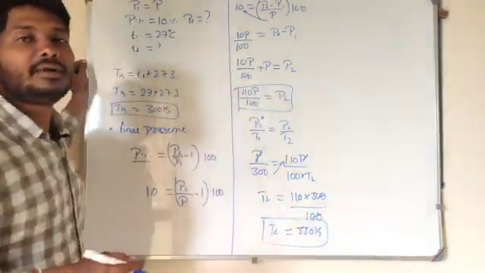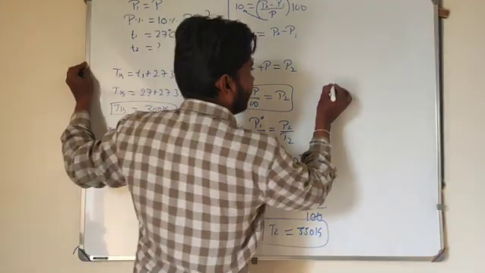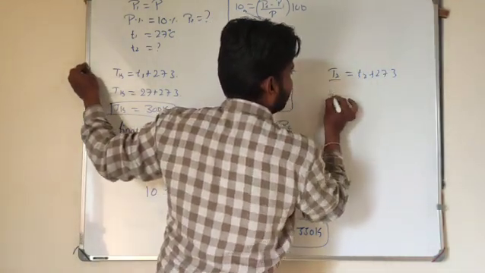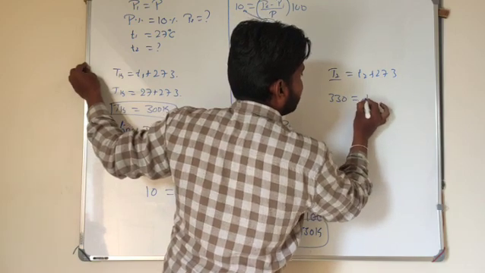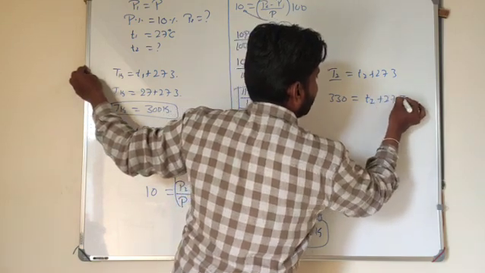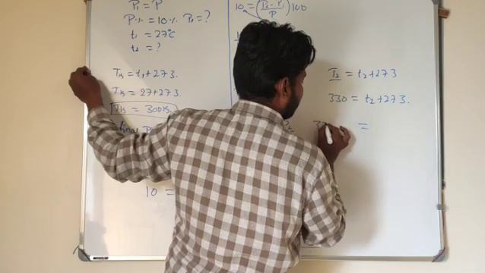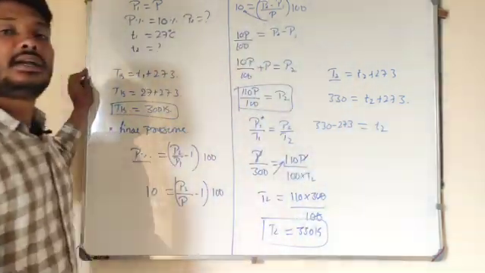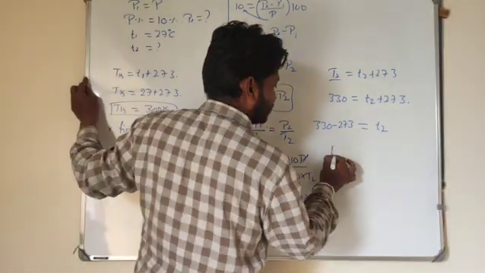What is the temperature here? The temperature is 330 Kelvin. So T2 plus 273 equals 330, so T2 equals 330 minus 273, and we can consider it again in degrees Celsius.